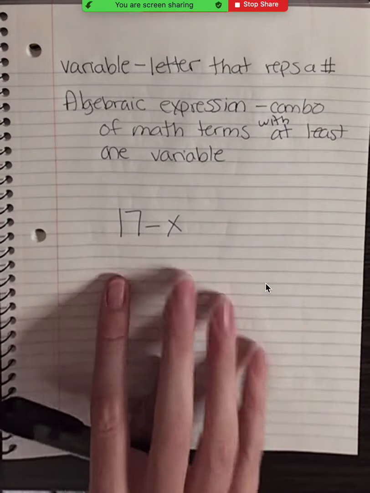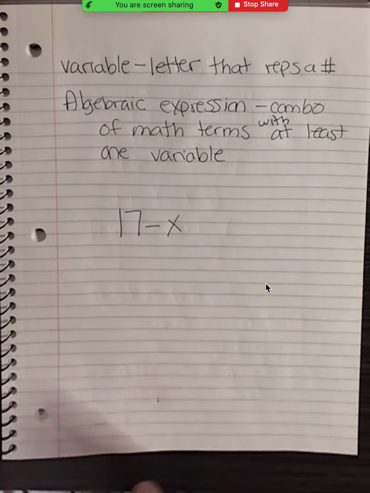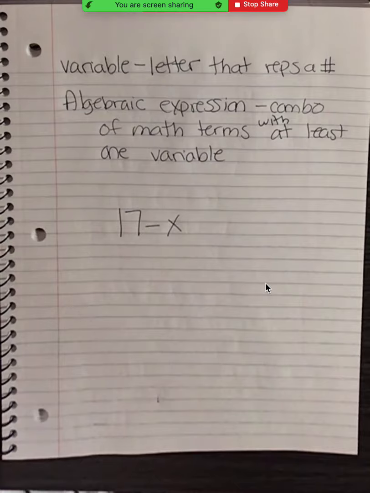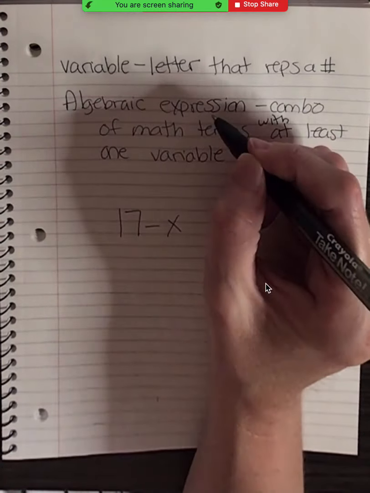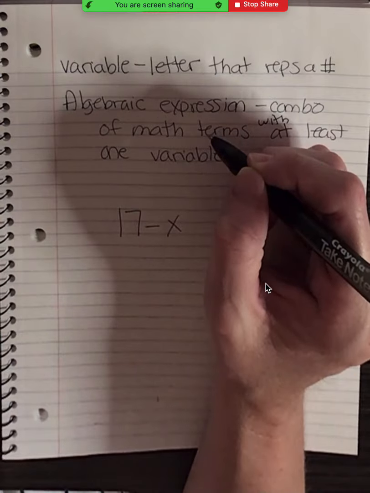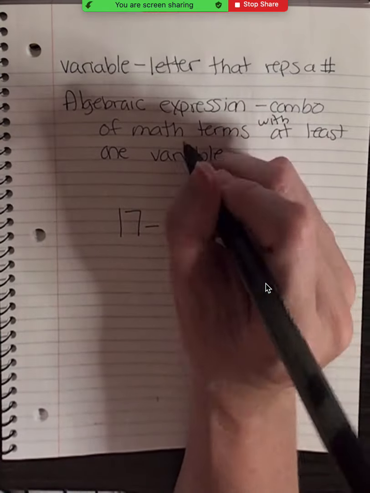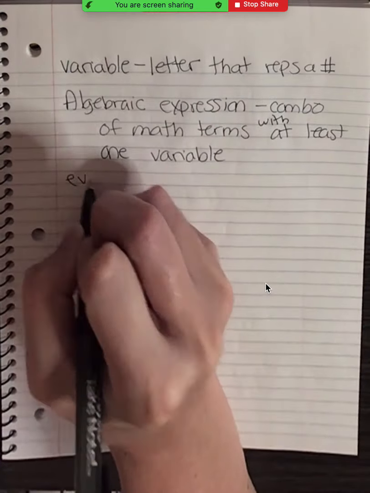If you don't know what that letter is equal to, you can't do anything with this yet, okay? So in order to evaluate an algebraic expression, you need to first replace the variable with a number.